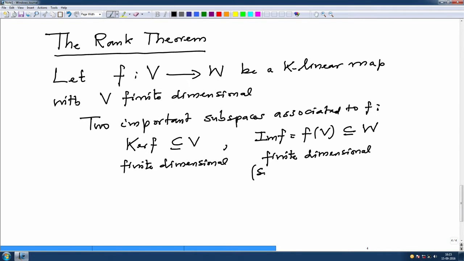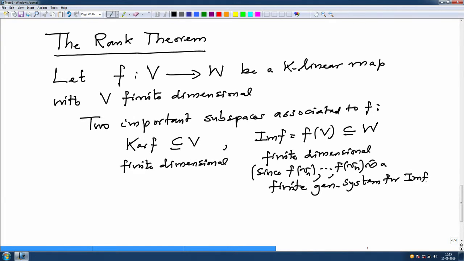I will write in the bracket, since F of V1, ..., F of Vn is a finite generating system for the image, where V1 to Vn is a k basis of V. We have checked in earlier lectures, if something is a generating system, then the image of that generating system is a generating system of the image space. So, both these are finite dimensional.